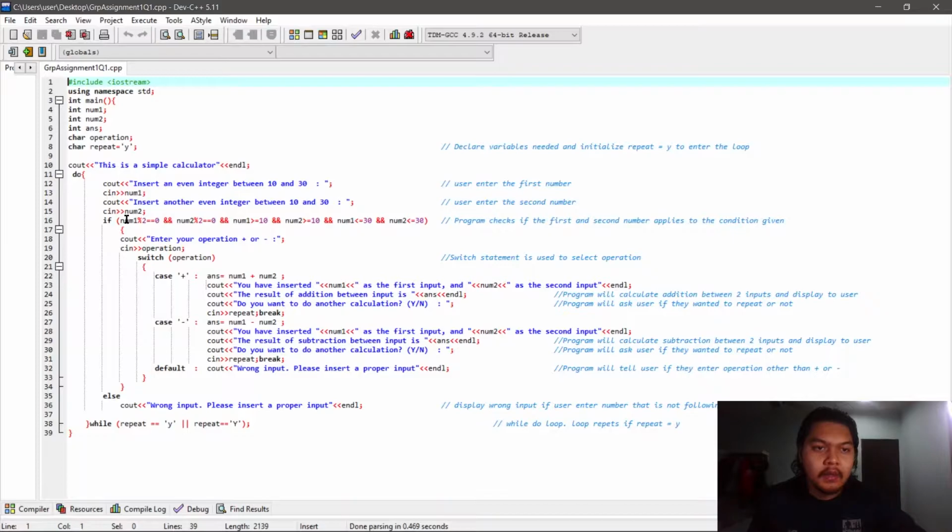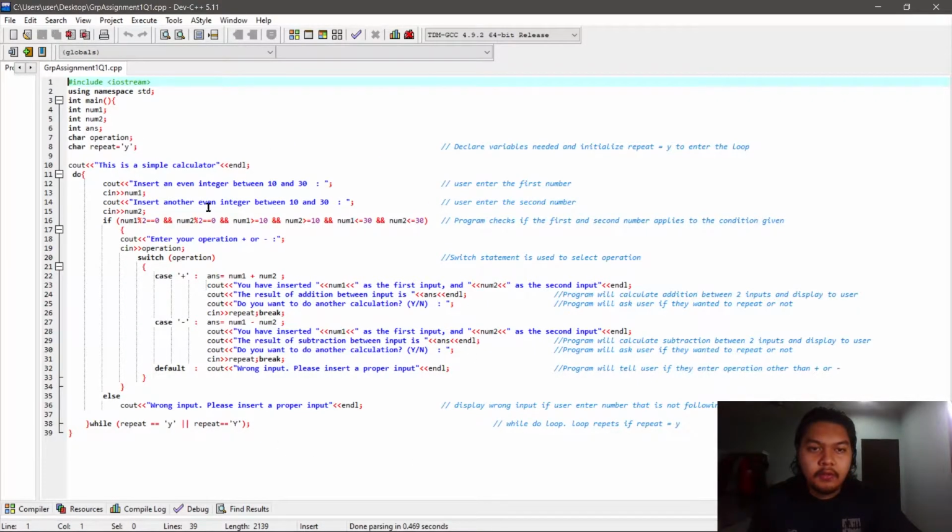If the user enters a number that is not an even integer between 10 and 30, it will go to the else here, and the program will display wrong input, please insert a proper input. And it will go back for the user to insert a number again.